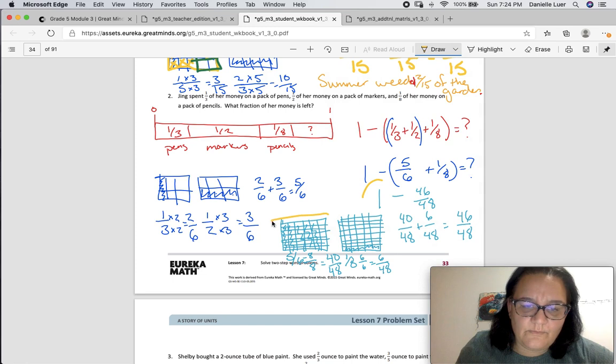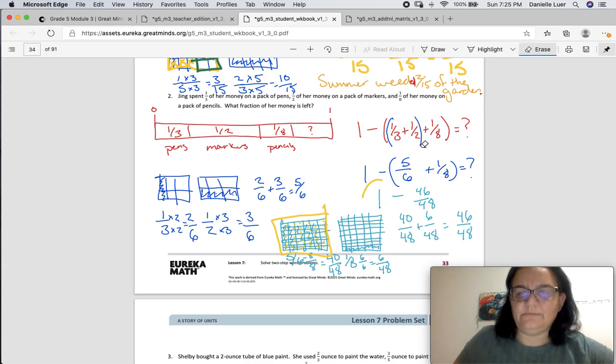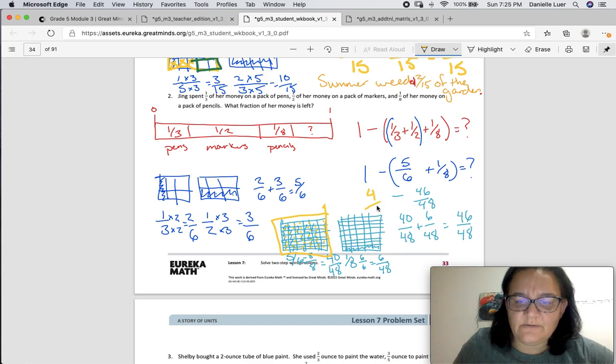So if there are 48 spaces there, 1, 2, 3, and so on up to 48. I can turn this 1 into 48 over 48, and my answer will be 2 48ths.